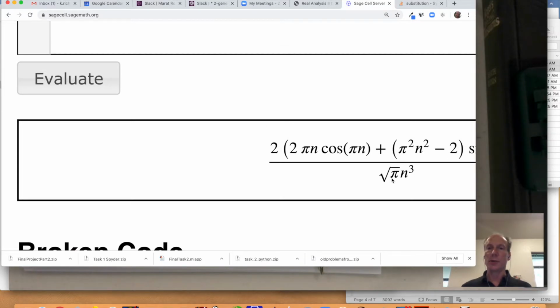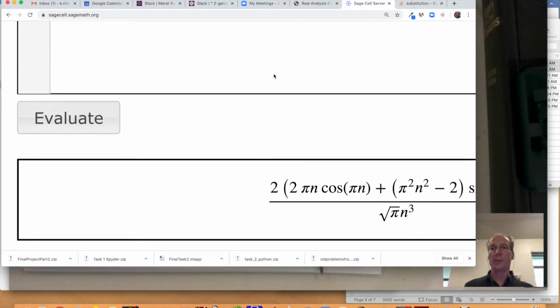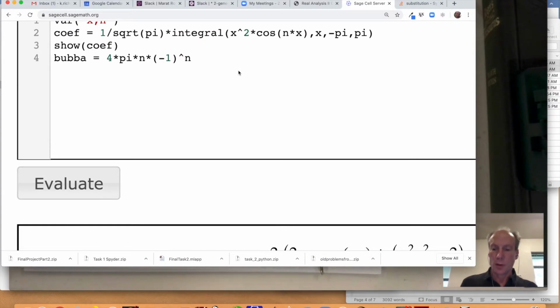And then that term is 0. And then I'm going to divide by square root of, oops, that was supposed to be a parentheses, pi times n cubed in the bottom. And then I'm going to show Bubba.